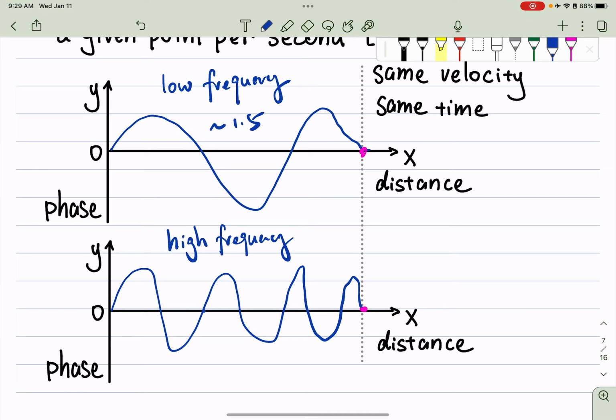On the bottom, we have 1, 2, 3, 3.5 lambda passing by in that certain period of time. The other way to think about frequency, the Greek letter nu, is cycles per time, the number of cycles over time.